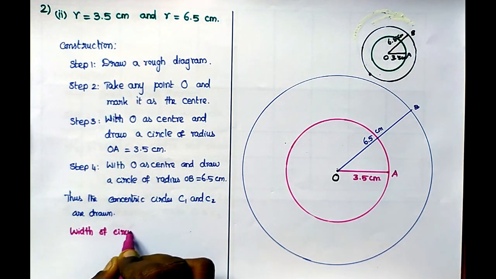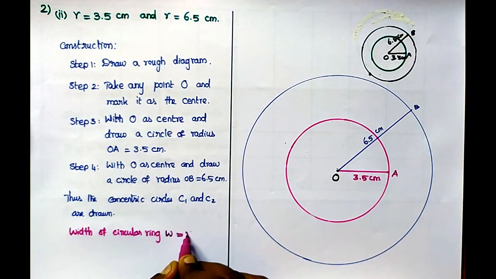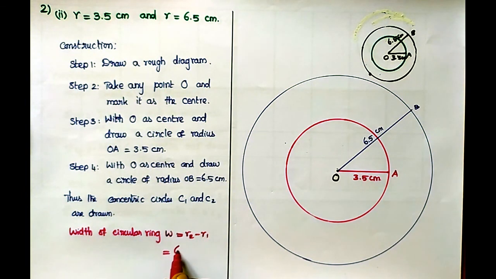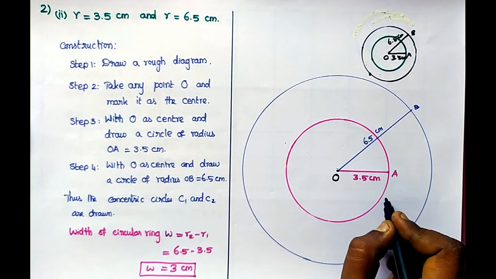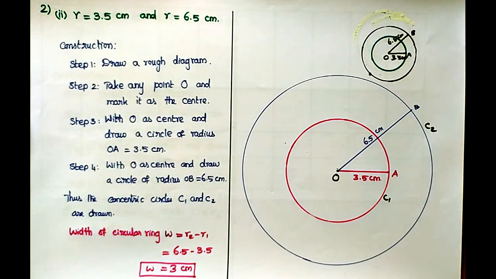Width of circular ring W equal to R2 minus R1, that is equal to 6.5 minus 3.5, we get 3 centimeter. That is the width of the circular ring. Here it is circle 1 and circle 2. So that is the answer.